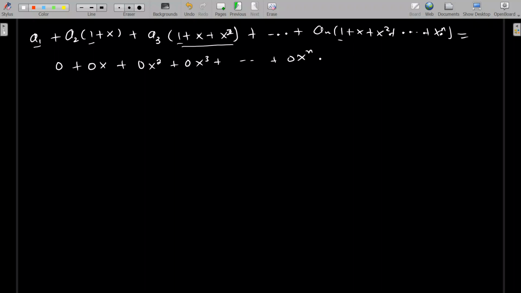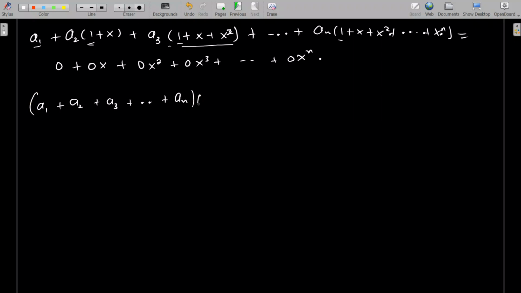So what do I want to do here? What I want to do is I want to just group them. Okay, the ones that contain 1 plus x, a1 plus here I'll have a2 here plus here I'll have a3 here all the way to a sub n, then times 1.